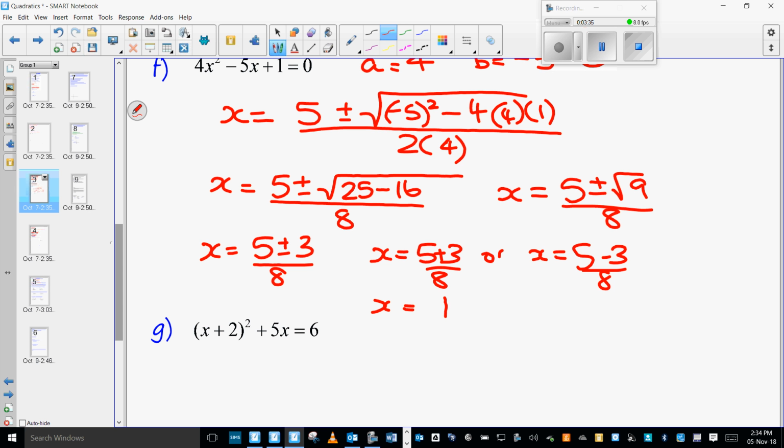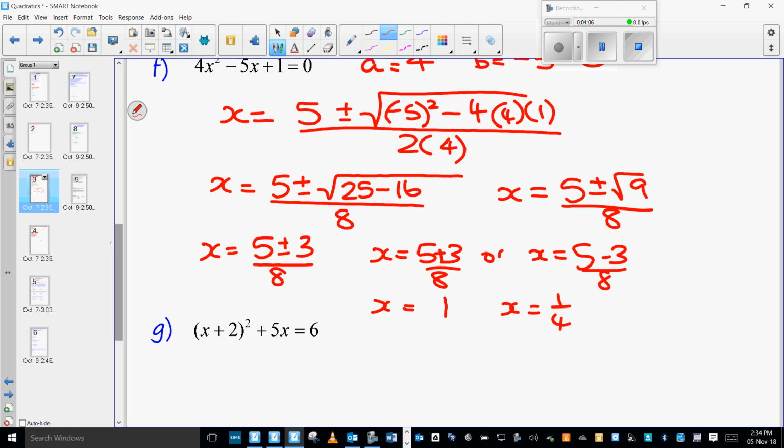And 5 subtract 3 is 2. 2 over 8 is 1/4. So we didn't need our calculators at all there, did we? Just be aware, it could be on paper 1. Whilst it's something you would normally rush to use your calculator for, try and avoid that wherever possible.